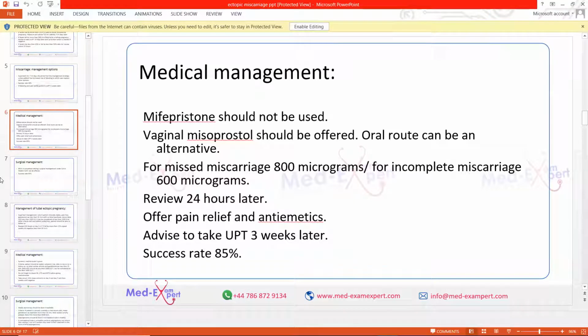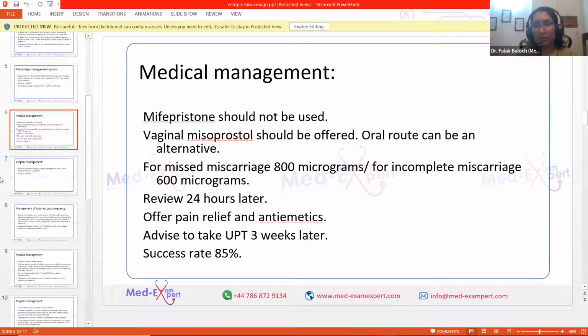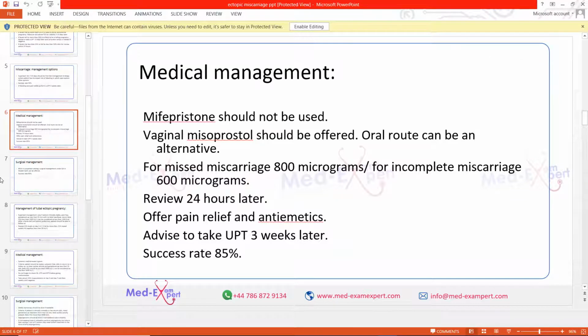She passed some tissue, but nothing else. So molar tissue cannot be excluded. She passed the tissue, but beta HCG is coming high. It started from 8,400, then 8,900. The last one is 10,000.